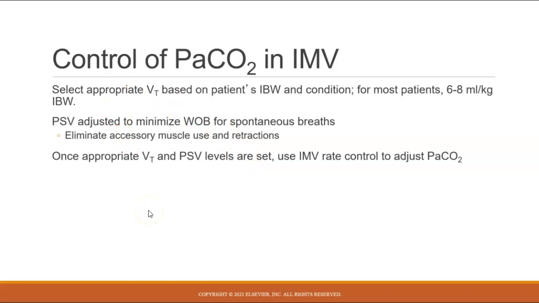Right. So again, we're always selecting that tidal volume based on the patient's ideal body weight and their condition. Most of those patients are going to be in that 6 to 8 milliliters per kilogram. Some patients are going to be in the 4 to 6 if they have ARDS or really poor lung compliance.